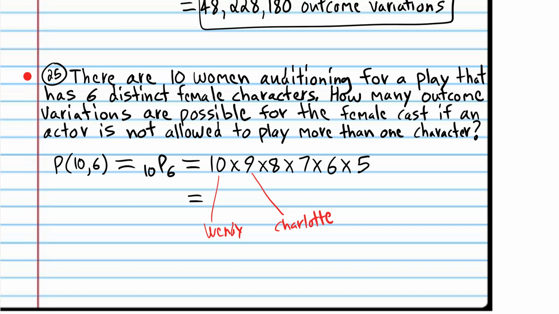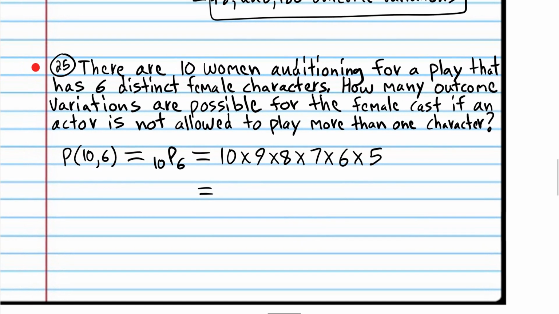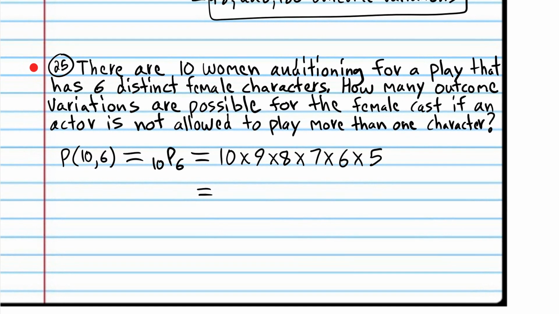Well, we can switch. This actress can play Wendy, and this actress can play Charlotte. So that's a different scenario. We're counting all of those different permutations. So we don't allow repetition, but we are counting permutations.